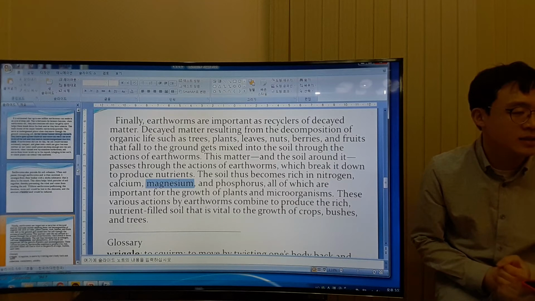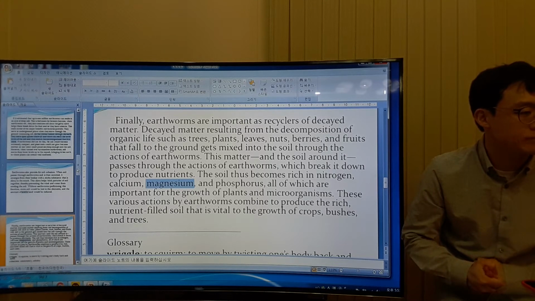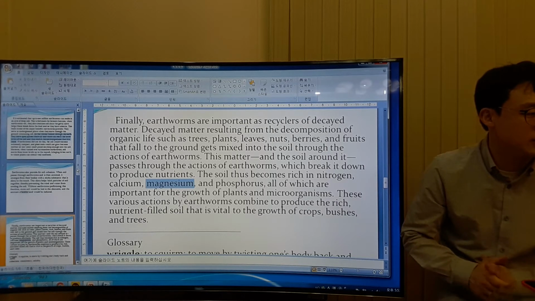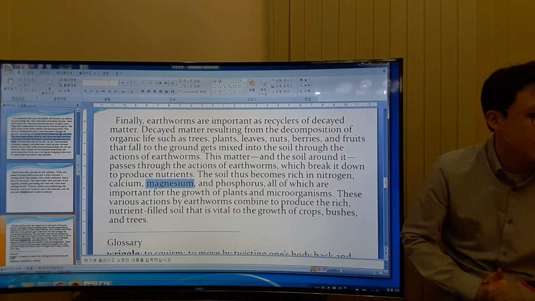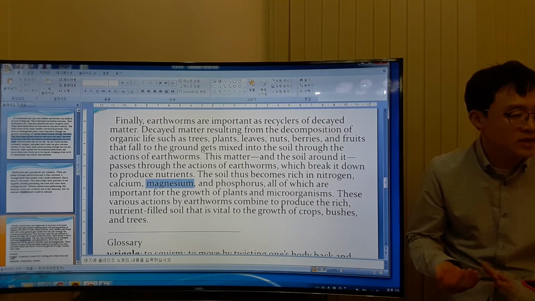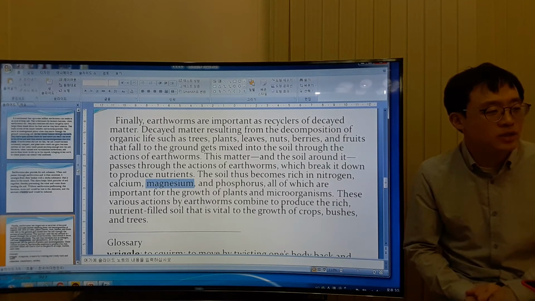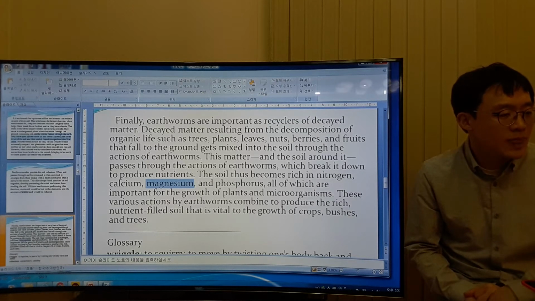This matter is the decomposition, okay? And the soil around it, or this matter could be the mixture, okay? Passes through the actions of earthworms.